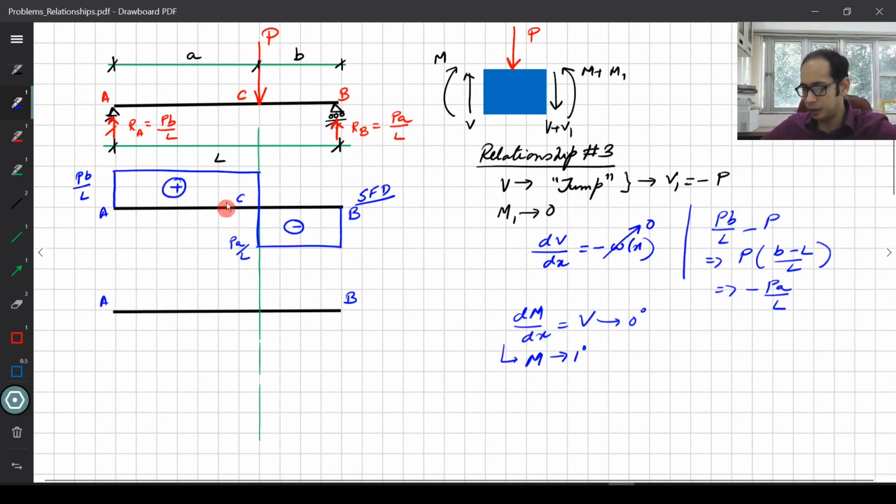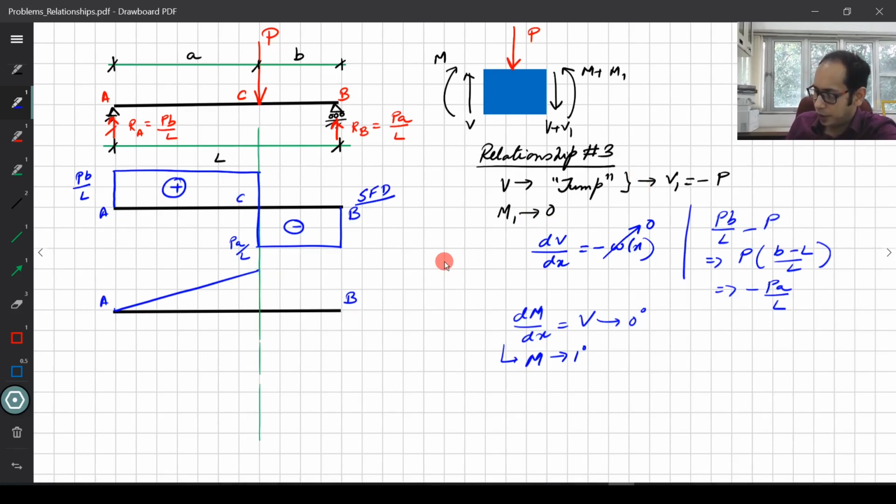So let's just draw that linear line up to this point of discontinuity over here, because I'm dealing with this over here. Now right at this point I have a load, but I know that there is not going to be a jump in the moment. So at this point the moment stays the same. So what is the value of the moment?